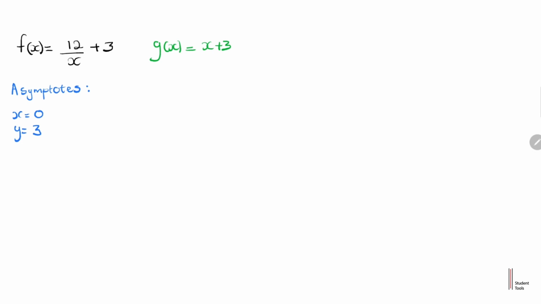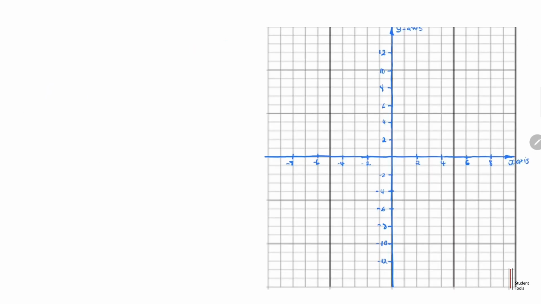So now let us gauge our asymptotes. I've already drawn the system of axes. We have our x and y axis. So now we have y equal to 3, which is our horizontal asymptote. So let us sketch that. y equal to 3. So it will be here.